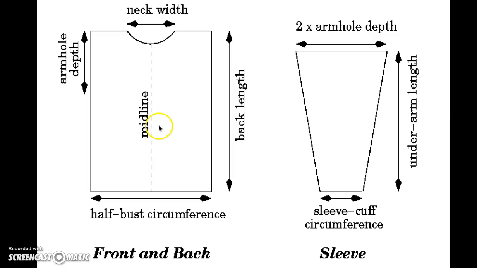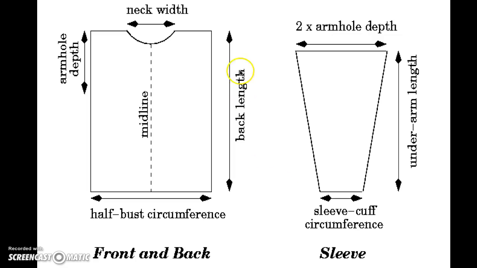So I always start with measuring around my shoulders, so I know how big to make my armhole for the sweater, and that would be this top measurement here. Also, you want to know how long to make your sleeve, so you'd measure from your shoulder to your wrist or wherever you want your sleeve to end. And also you want to know the sleeve's cuff circumference by measuring around your wrist or wherever you want the sleeve to end.